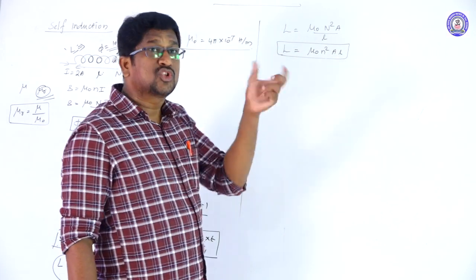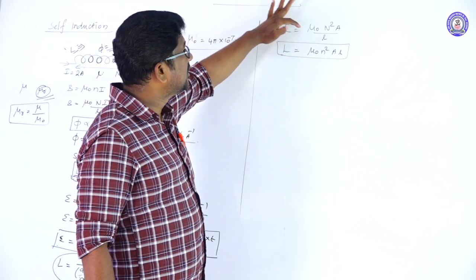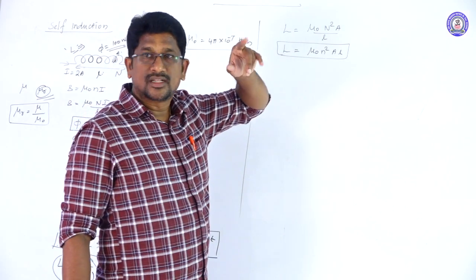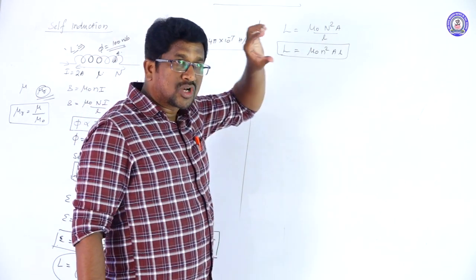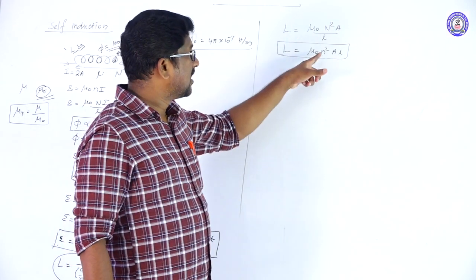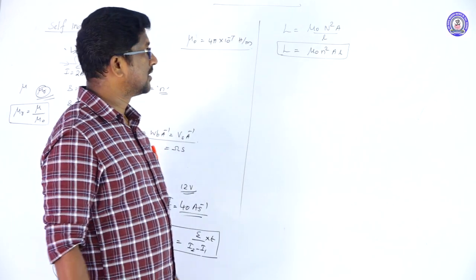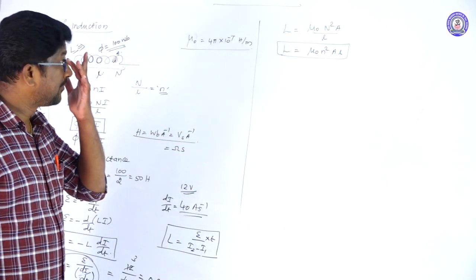If the given value is total number of turns in the solenoid, then self-inductance is given by L equal to mu naught N square A divided by l. Do you understand the difference between the capital N and the small n? Capital N is the total number of turns in the solenoid, but small n is the number of turns per unit length of the solenoid. So this is the self-inductance formula.